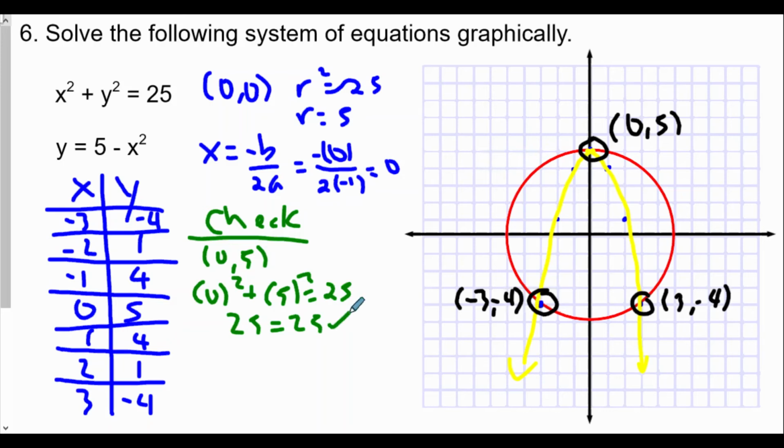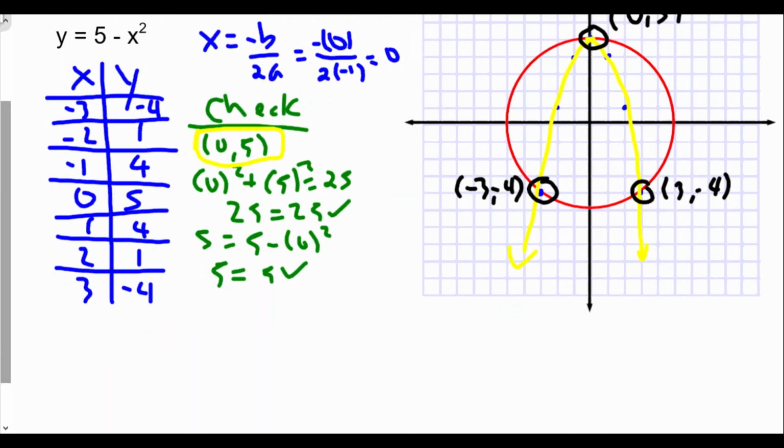That's a check. Let's check the other one though, just because it works for one equation doesn't necessarily mean it works for the other one. So does 5 equal 5 minus 0 squared? 5 equals 5. Yes, that does work out. So that's one solution there, (0, 5).